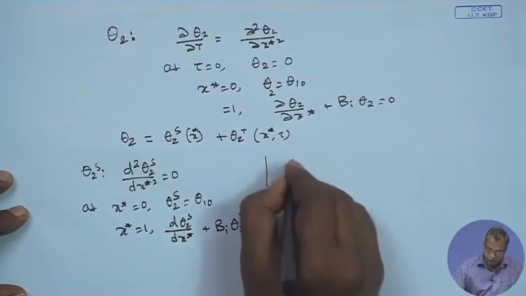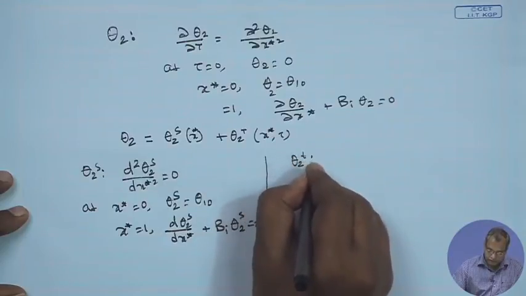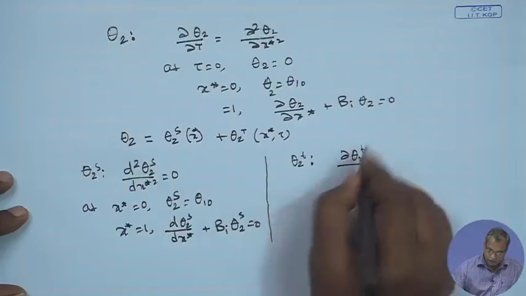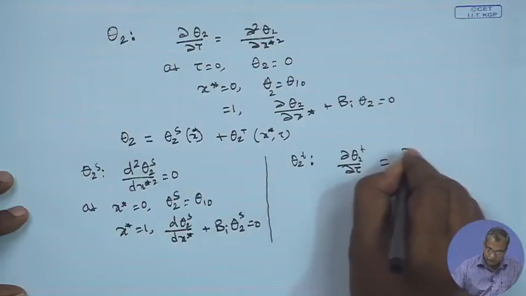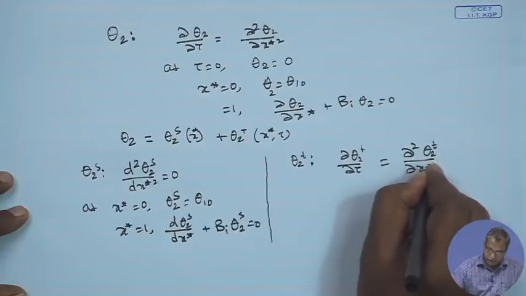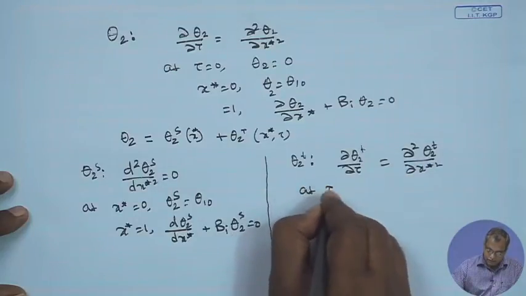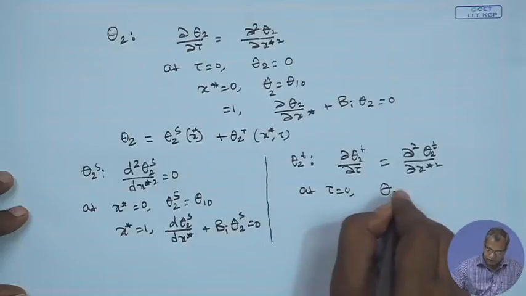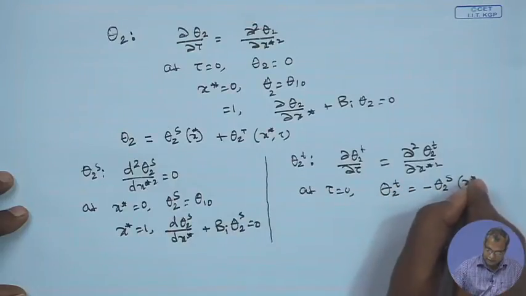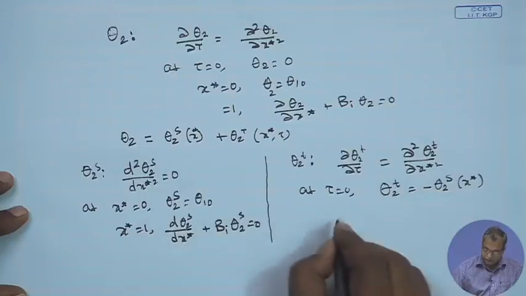Similarly, we formulate the other part, the transient part. It will be ∂θ2t/∂τ equal to ∂²θ2t/∂x*². At τ equal to 0, θ2t will be nothing but minus θ2s of x*, the steady state solution of the steady state part.